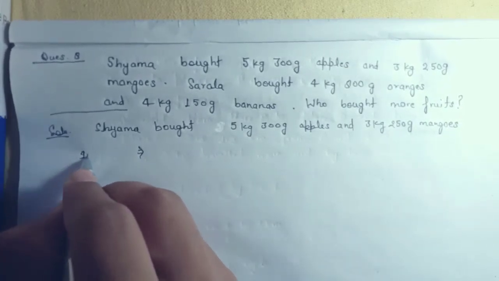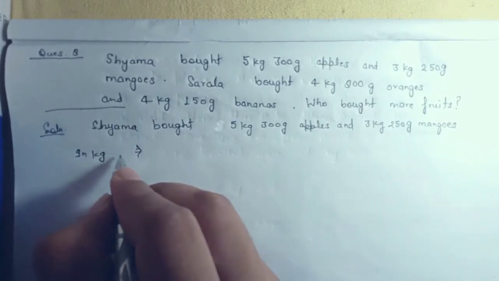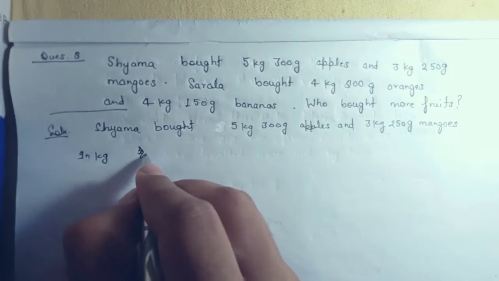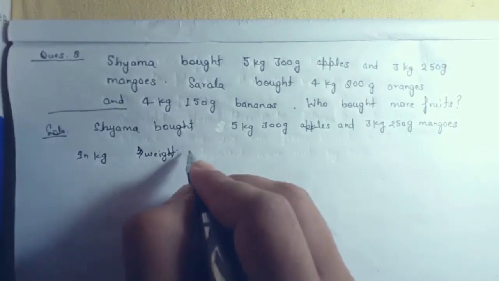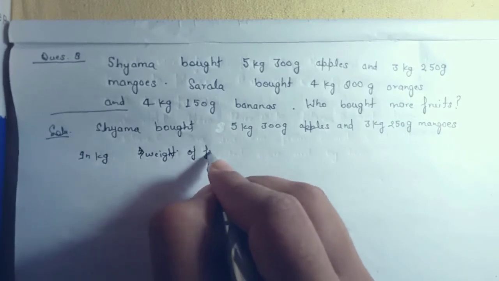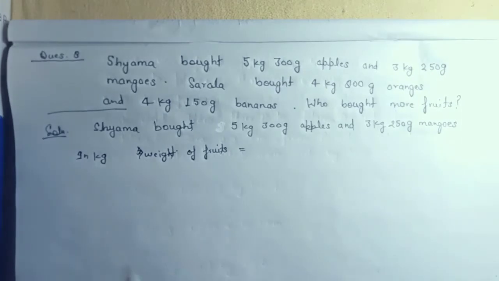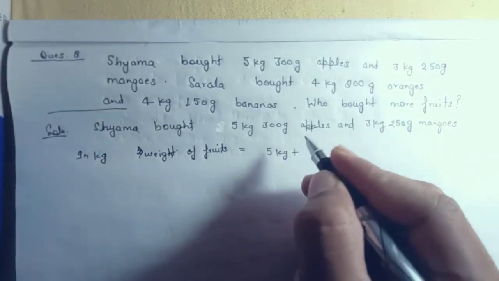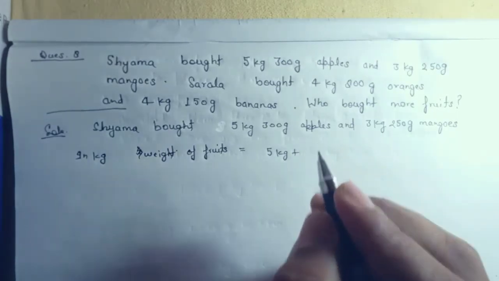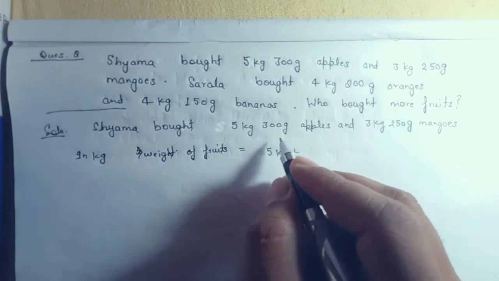In kilogram, the weight of the fruits is 5 kilogram plus this 300 gram has to be converted into kilogram, and to convert this gram you have to divide by 1000.